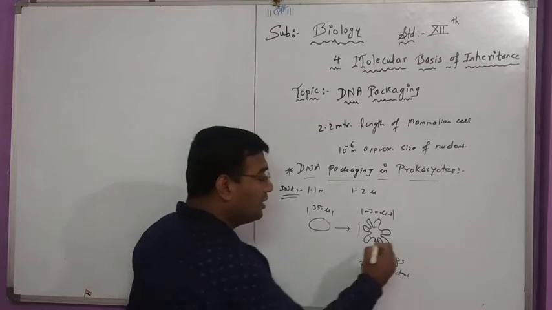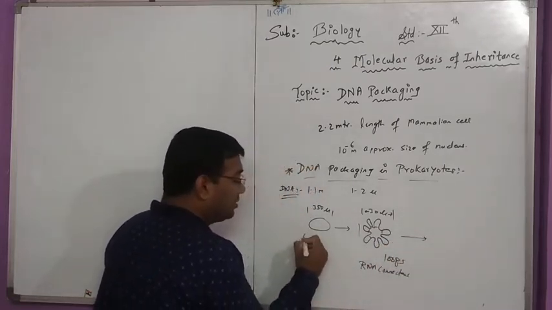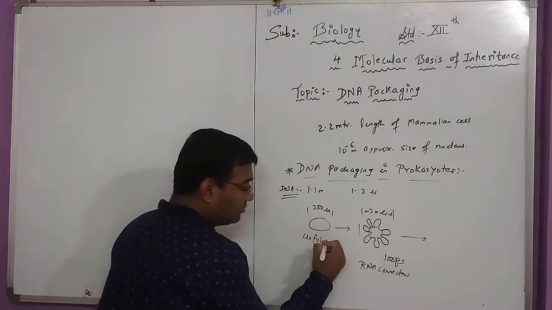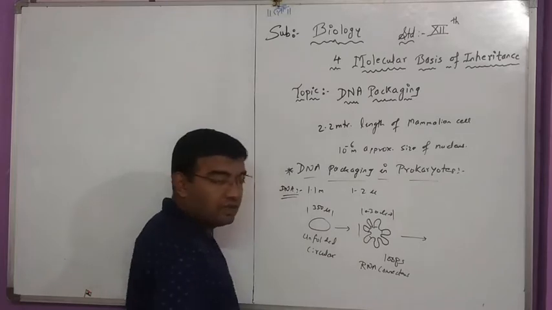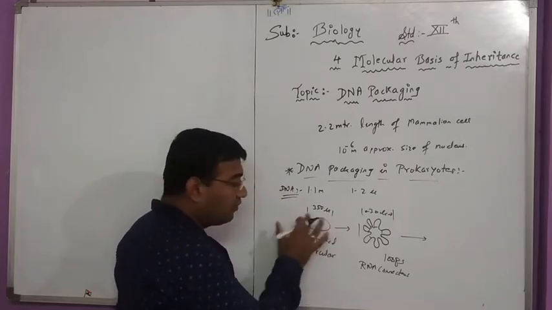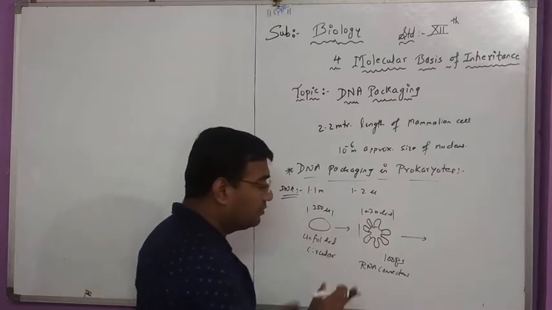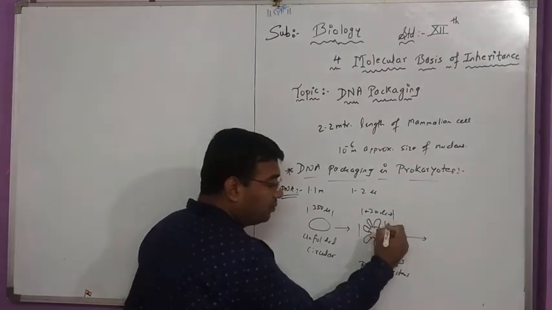And then at a later stage, what happens? It starts coiling. Here we have seen it was unfolded and circular in mode. The chromosome was in circular form, that is, circular DNA. Later on it became a loop form. We can see it is forming a loop.